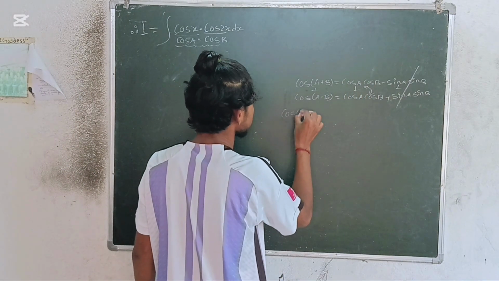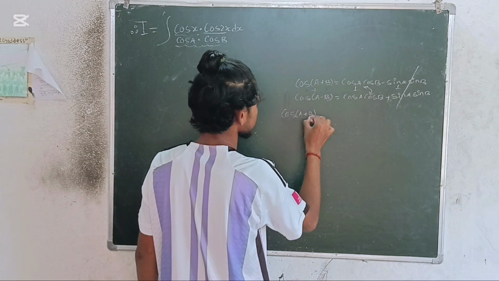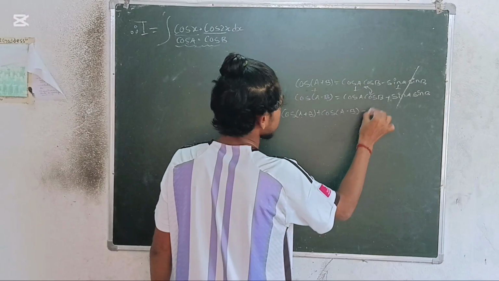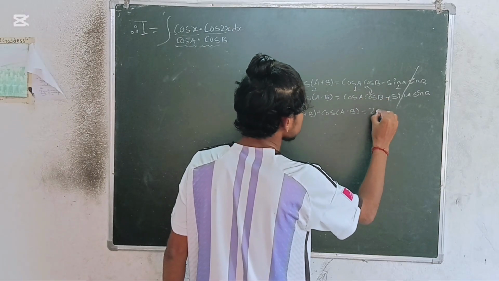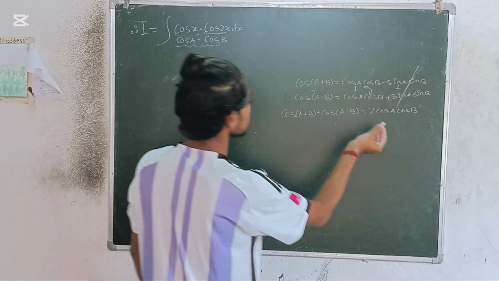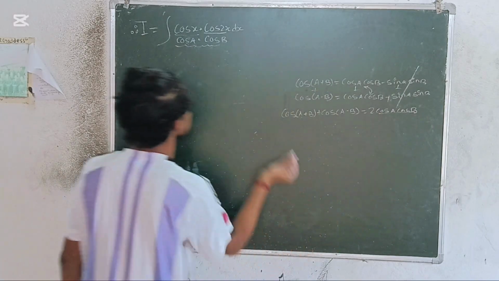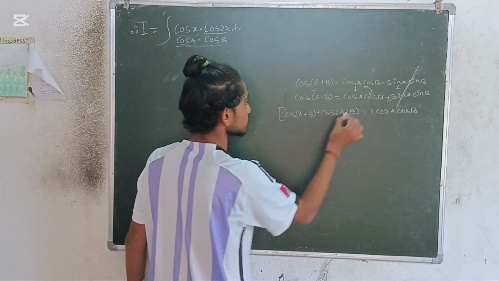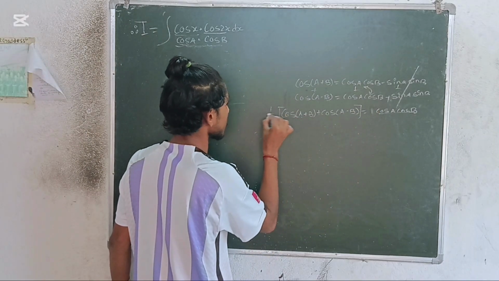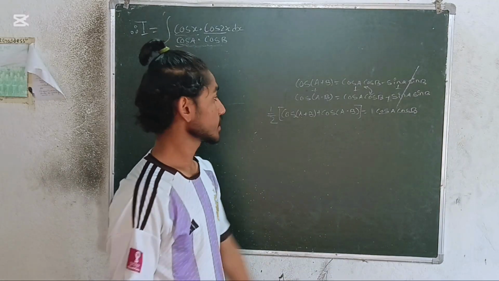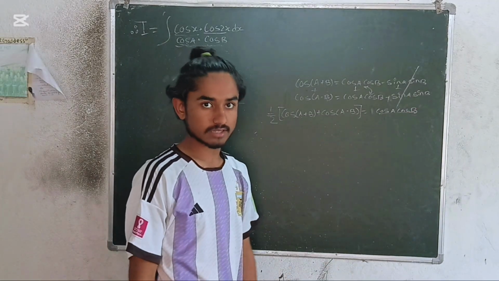So cosine of A plus B plus cosine of A minus B equals 2 cosine A cosine B. We just want the formula for this term, so we divide the whole equation by 2. We get one over two times cosine of A plus B plus cosine of A minus B, which is the product of cosine A and cosine B.